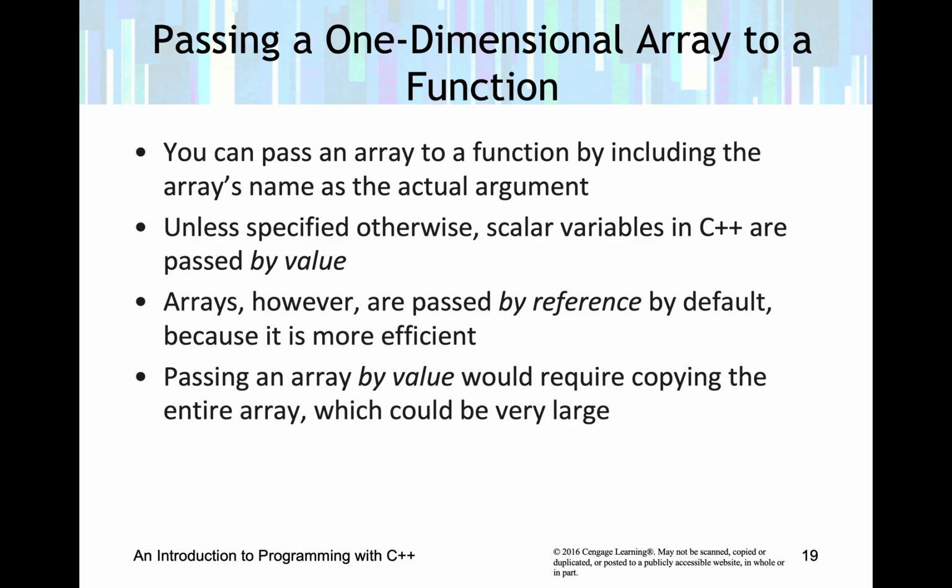So anytime that we pass the array, it's always going to be passed by reference. It would be very inefficient if we tried to pass it by value, because it would require us to copy the entire array, and sometimes arrays can be very large, like hundreds of variables. So you always want to pass it by reference.